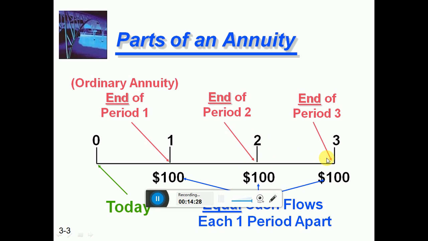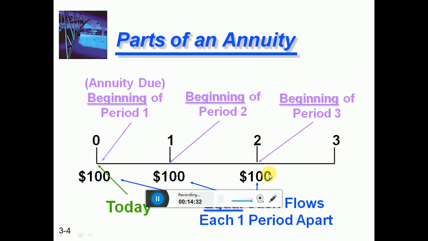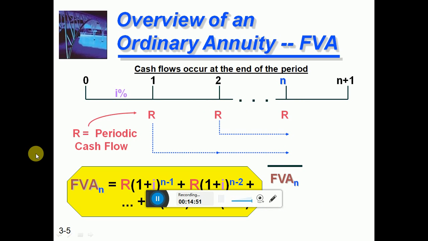At the end of the third year we are making payment of $100. And now see, it is annuity due, beginning of period 1. We are making payment here at the beginning $100, here the second $100, and here the third $100. So these are basically ordinary annuities and annuity due.